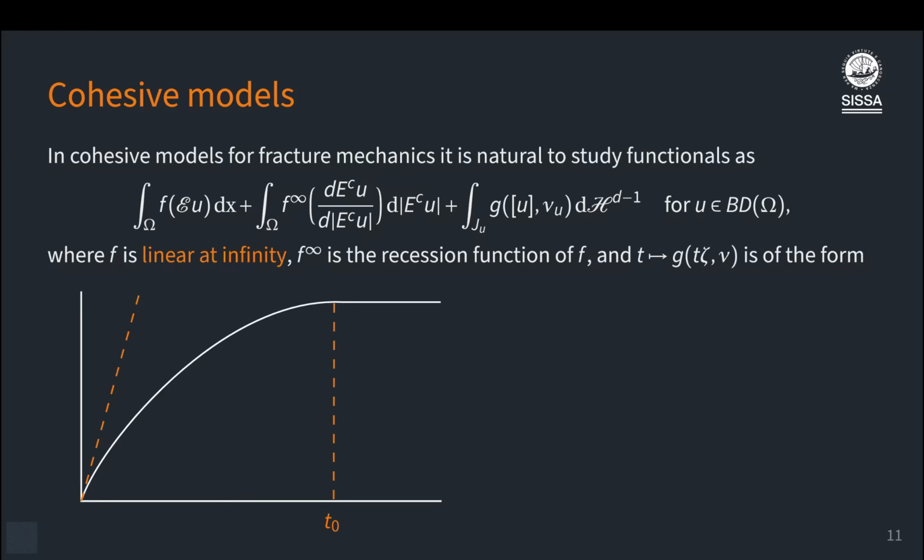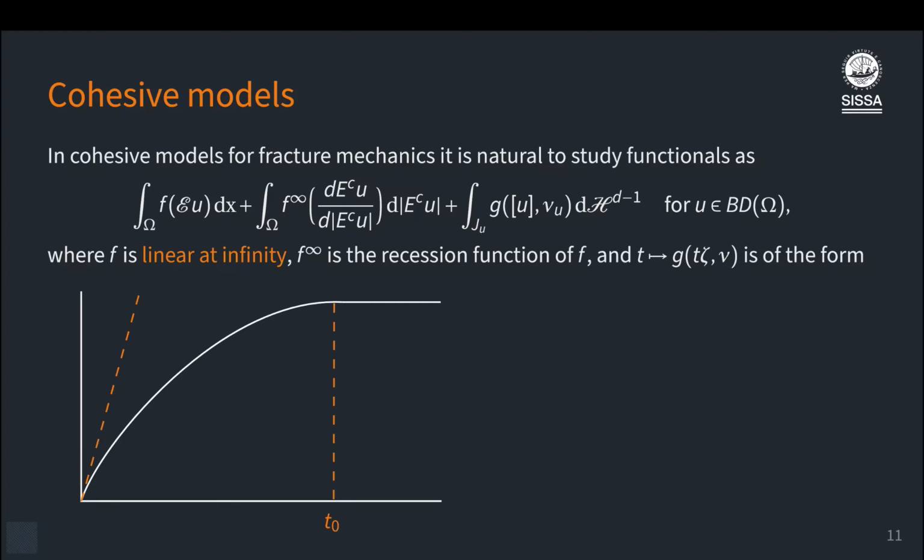Well, in these cases, when one assumes that g has this linear behavior at the origin, then by lower semicontinuity reasons, I'm forced to put a contribution due to the Cantor part, because small jumps might become denser and denser, and they may form a diffuse structure.